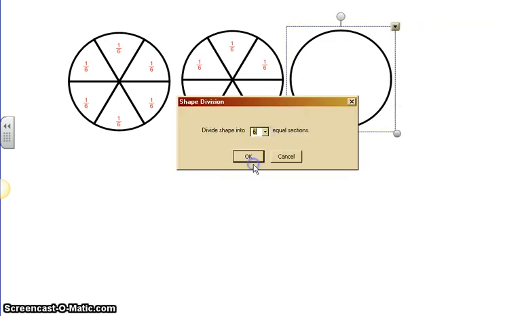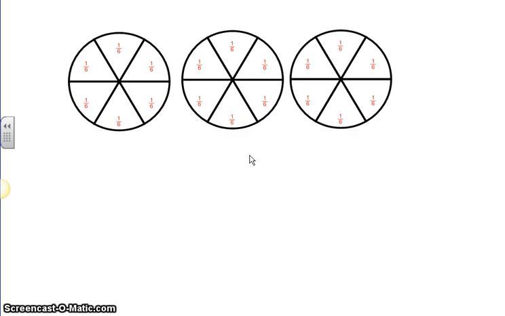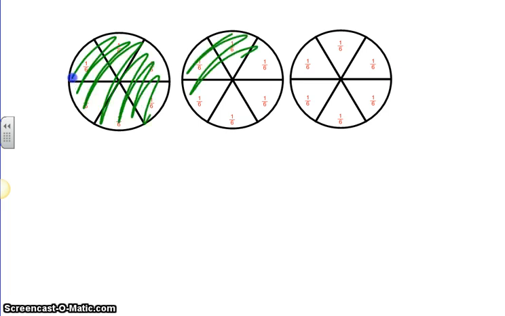Now notice I'm splitting them into the same pieces. I didn't split the first one into 2, and the second one into 5, and the third one into 8. You can't compare them when they have different pieces like that. So we're just writing a fraction for them when they all have the same amount of pieces. So I'm going to shade this, and this, and this.